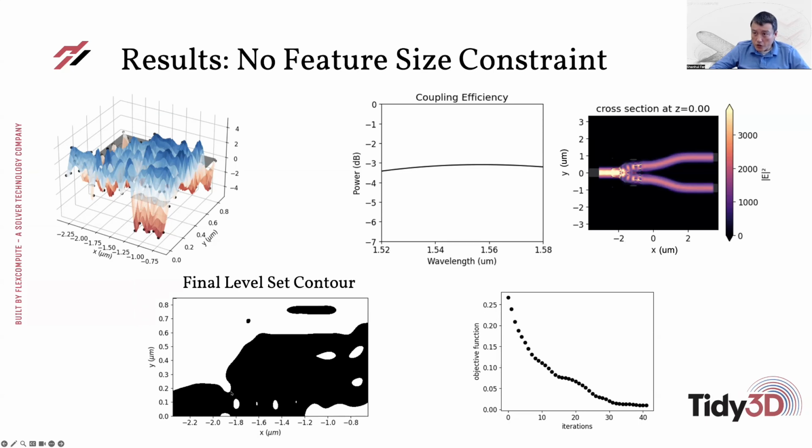So now, instead of doing so, you can combine the level set method, as we talk about, with a penalty function that's specifically designed to get rid of these small feature things and to get rid of the sharp boundary at the silicon air interface.